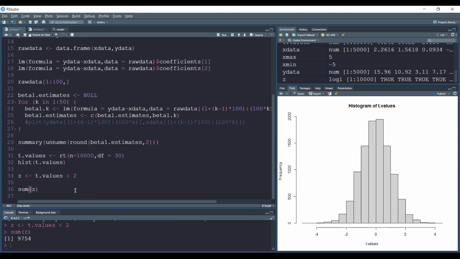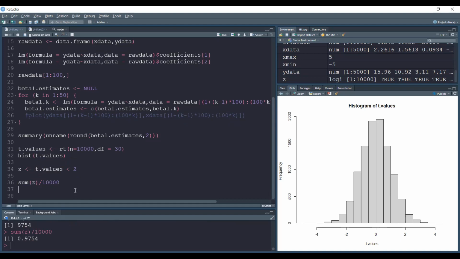Now, in fact, what you'll notice is that we don't get 95%. We get 97.5%, because you know what? I think what I had to say was, think of the absolute value is greater than, okay, now that doesn't work.